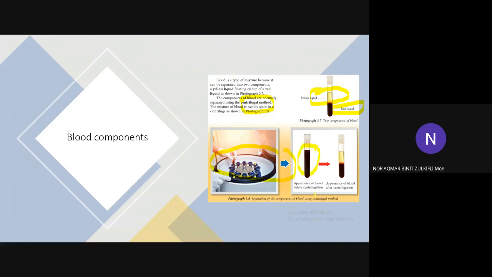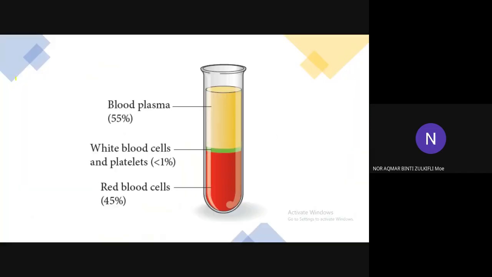Then after centrifugation, you get these two types of liquid. One is yellow and one is red. So these are the components contained in your blood. That is blood plasma, white blood cells and platelets, and of course red blood cells.